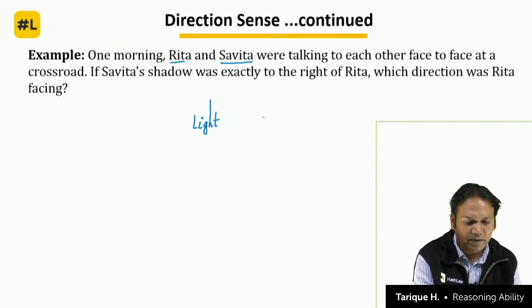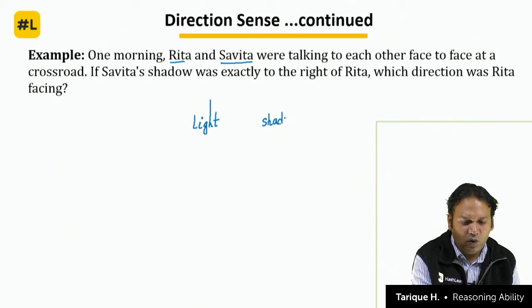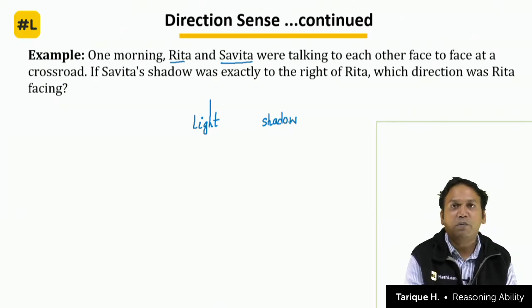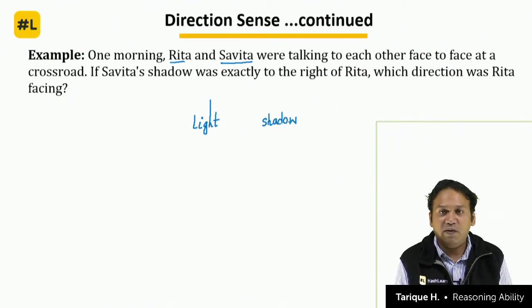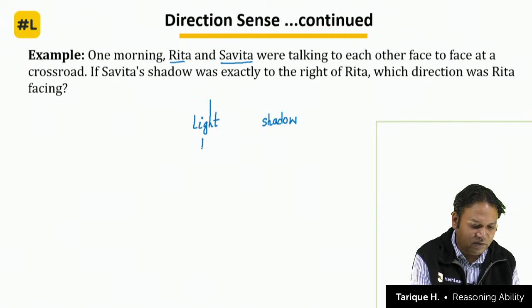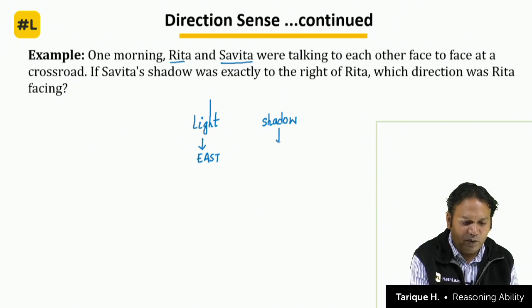We know that shadow is always in the opposite direction to the light source. So if light is from the east, then shadow will be towards the west.